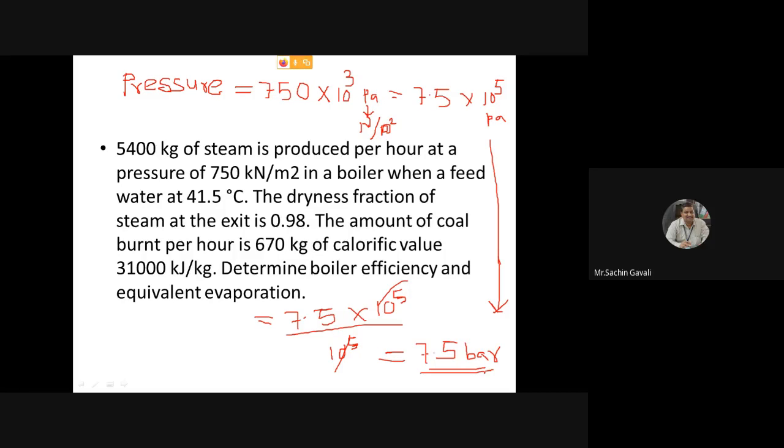With this pressure, the steam has dryness fraction x equal to 0.98. The amount of steam is given as ms equal to 5400 kg per hour.